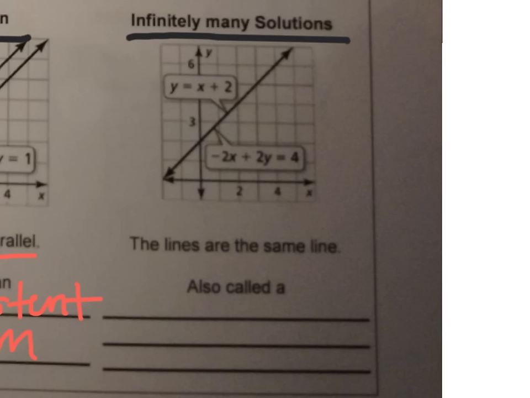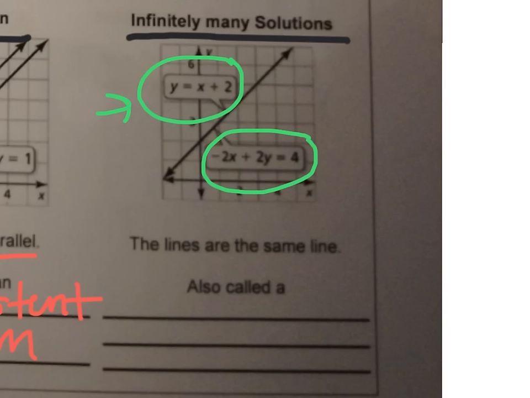The last option is that your system has infinitely many solutions. Notice on the graph you only see one line graphed, however you see two different equations in two different forms. If we got these both into slope-intercept form like this one, the equations would look exactly the same. They are graphed on top of each other.